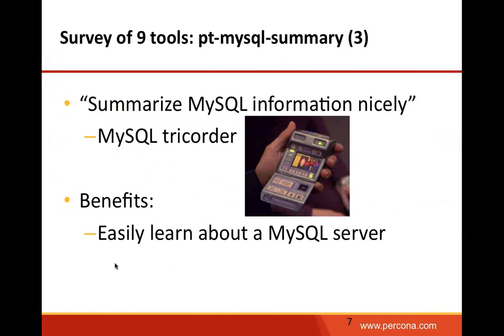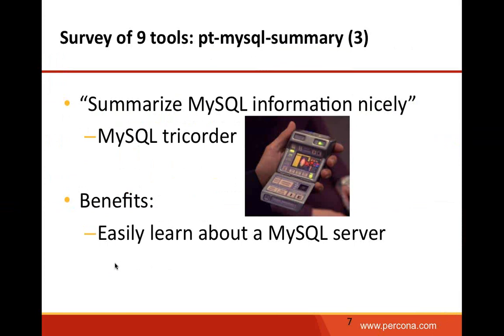In Star Trek, people have these little handheld devices pictured here, and you can point it at anything, and it will tell you everything about the thing you're pointing it at. So if you point it at a human being, it tells you everything about that human's vital signs. If you point it at a rock, it tells you how old the rock is and what it's composed of. So it's this really fancy, sophisticated information gathering tool.